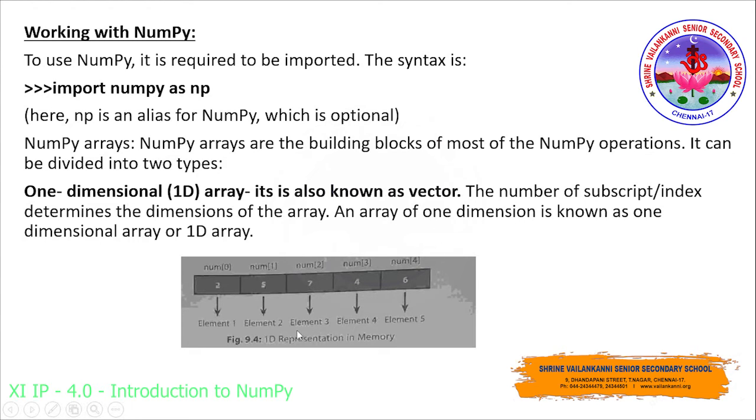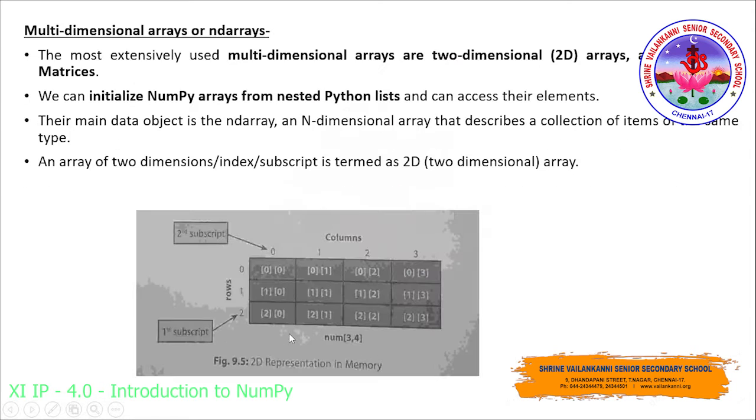An array of one dimension is also known as a one-dimension array or 1D array, whereas multi-dimensional arrays, in the sense more than one dimension, are also called ND arrays, right?